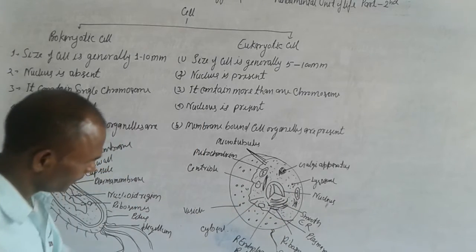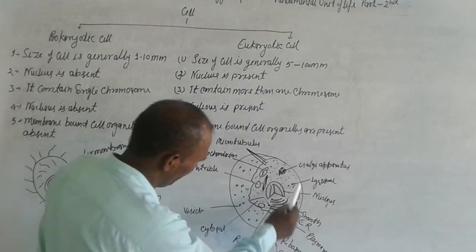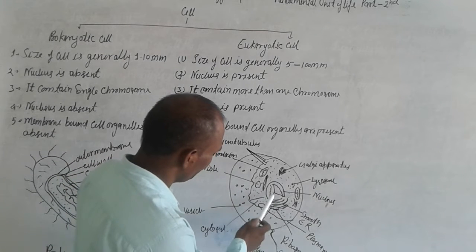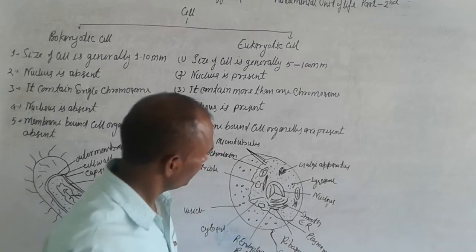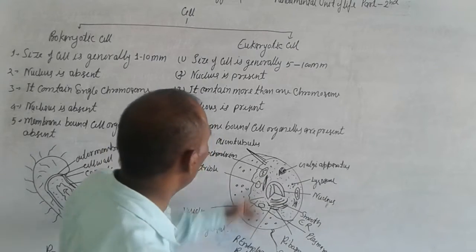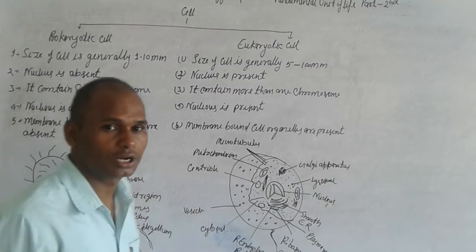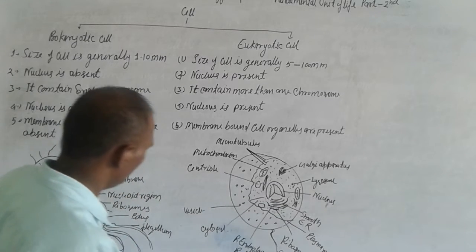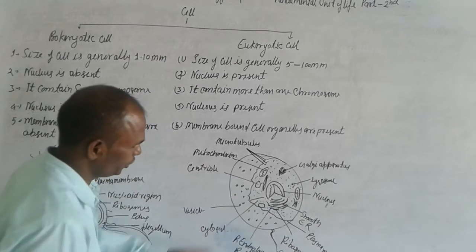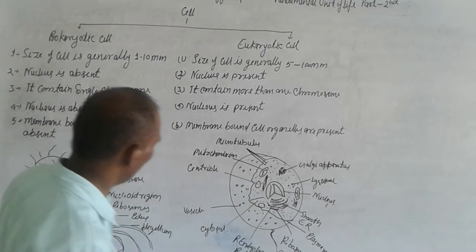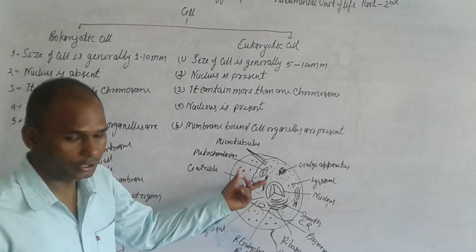This is the diagram of a eukaryotic cell. You can see its parts. These are the organelles like mitochondria, Golgi apparatus and endoplasmic reticulum. This is the microtubules, and this is the mitochondria.